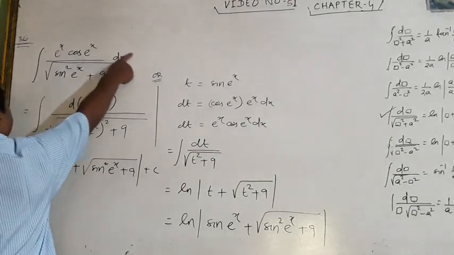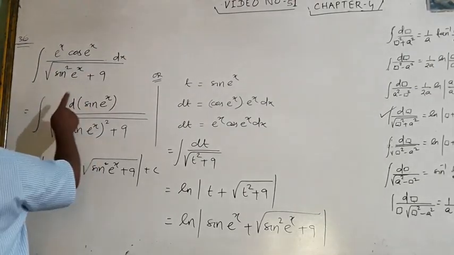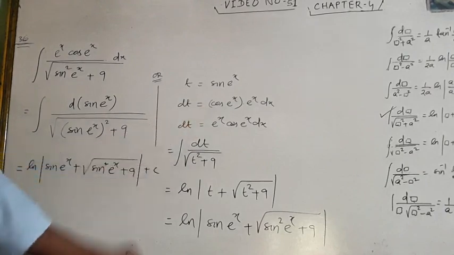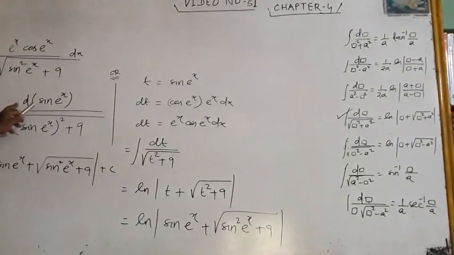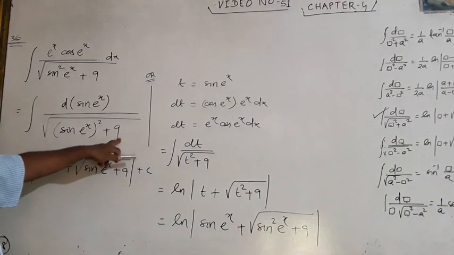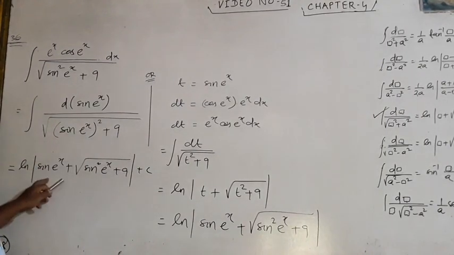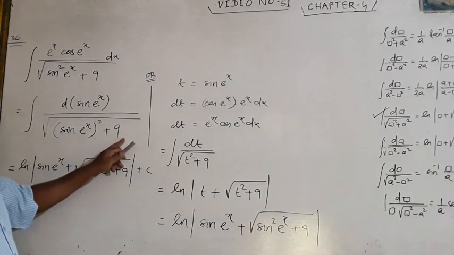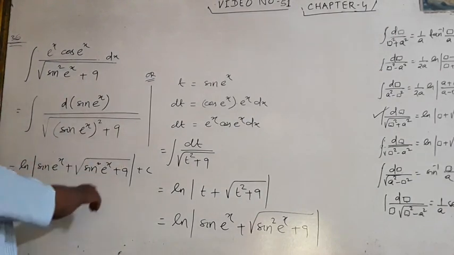So in the numerator I am writing the derivative of sin e to the power x. Now applying that tick mark formula, that is d box by box square plus a square, it is ln box, meaning sin e to the power x, plus the root of the denominator. I am writing it here.